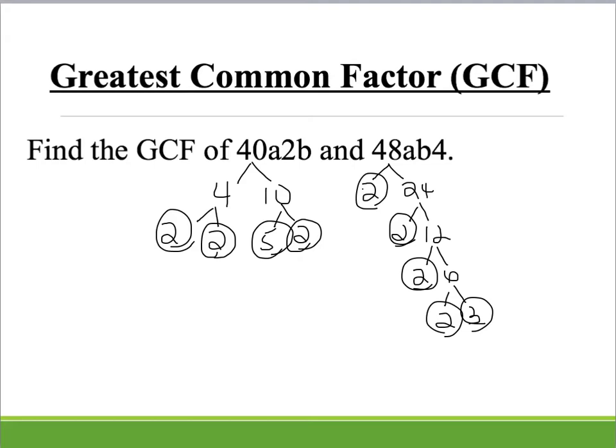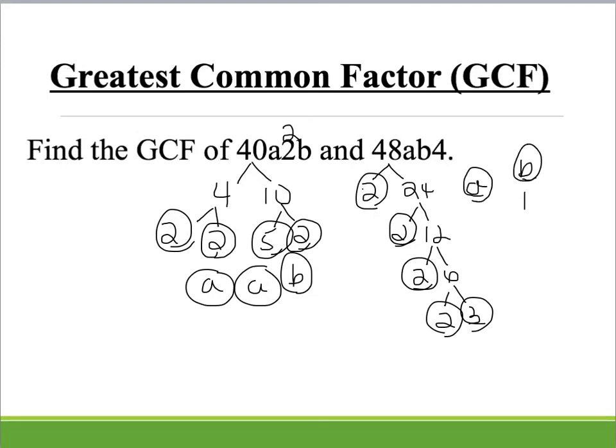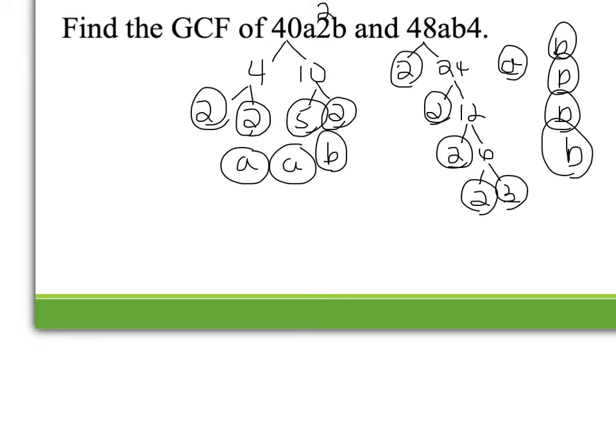Okay, then I also see that I have here a squared, so I have 2 a's, so I'm going to just write a, and then I have 1b. Okay, here I have 1a, and b to the 4th, so I have 4 b's. 1, 2, 3, 4. Okay, so now using the Venn diagram, I'm going to put together the ones that are in common.